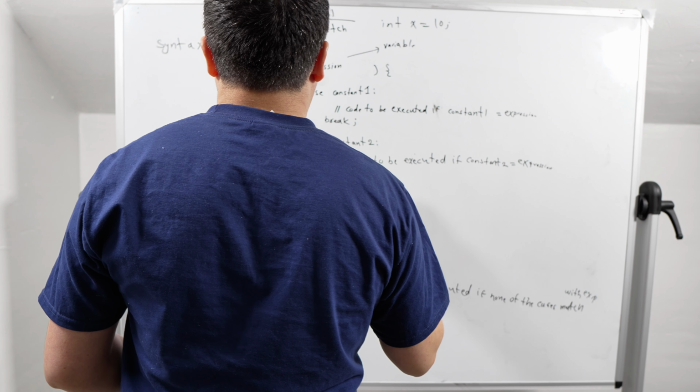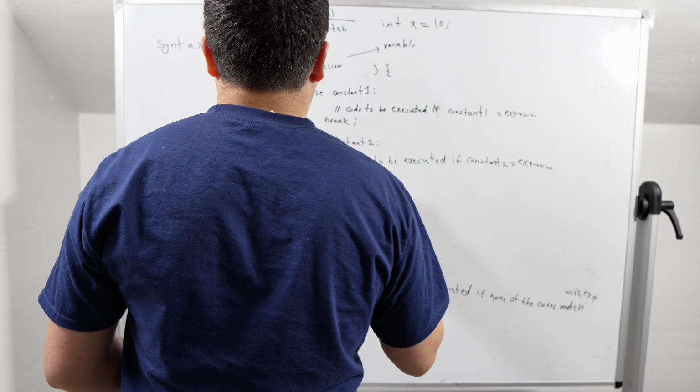If I have integer x is equal to 10. Now we use switch here. I use the switch statement and I check the value of x. I open the block of the switch and I close the block of the switch.